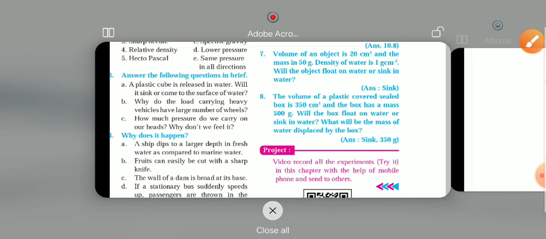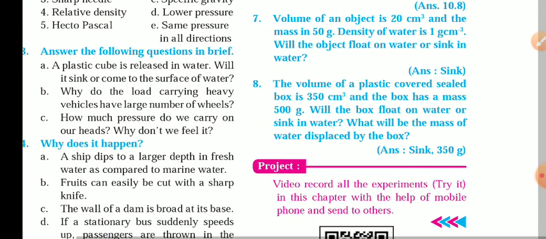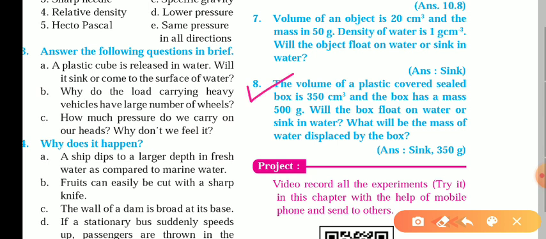Now the next question: the volume of a covered sealed box is 350 centimeter cube. Volume they have given, and the box has a mass of 500 gram. Will the box float on water or sink in water? What will be the mass of water displaced by the box?